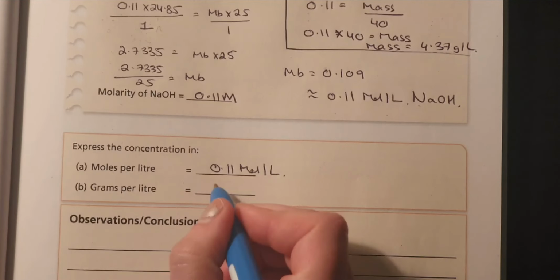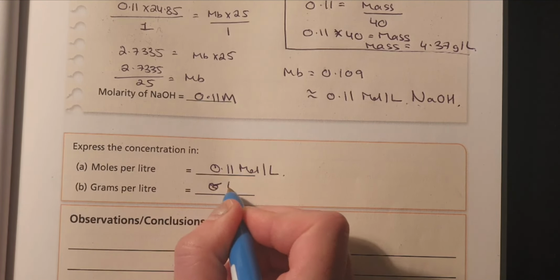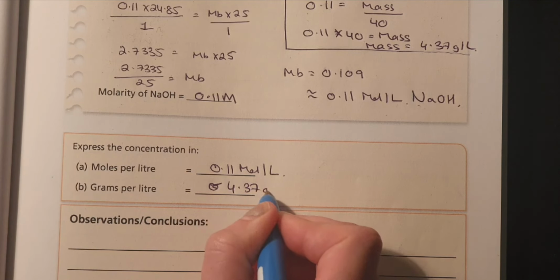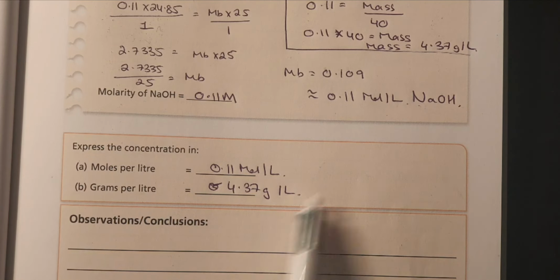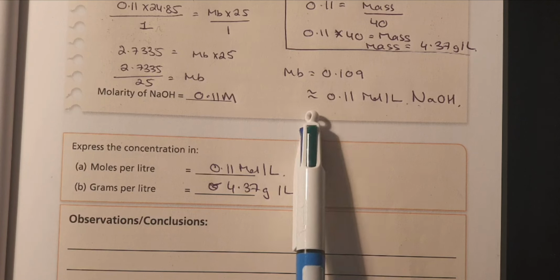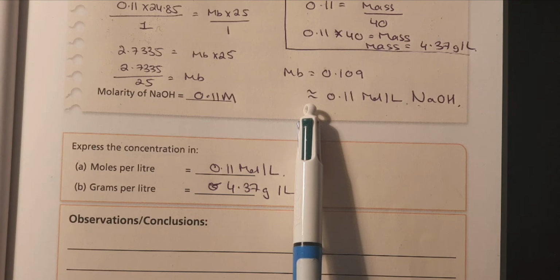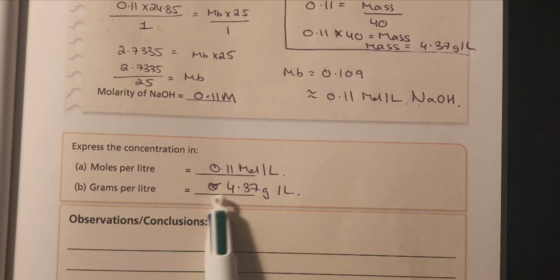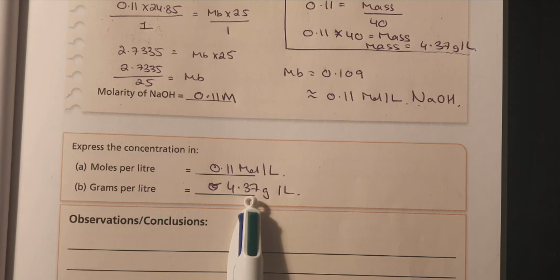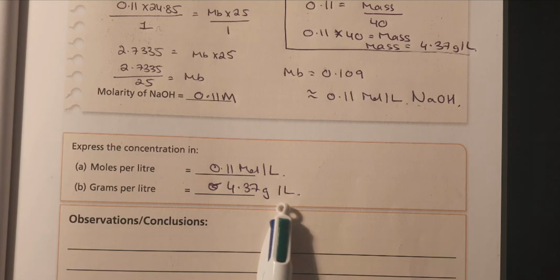Okay, so we can just put that in here. So if you wanted to make up this molarity of solution, 0.11, you'd weigh out 4.37 grams on a weighing scale and dilute it up to a litre. Okay, that's that one done.